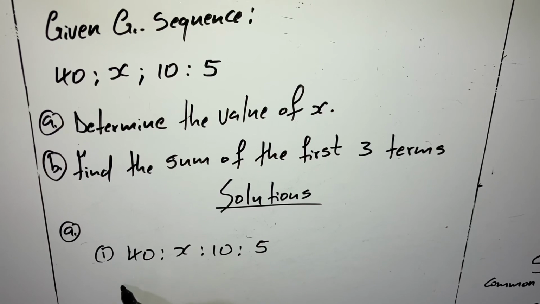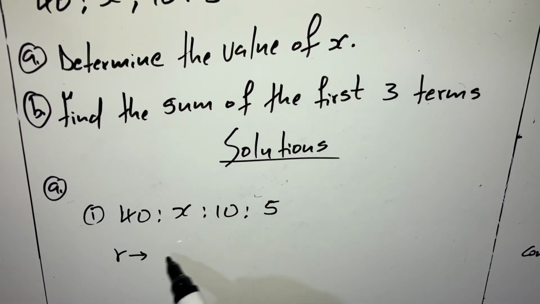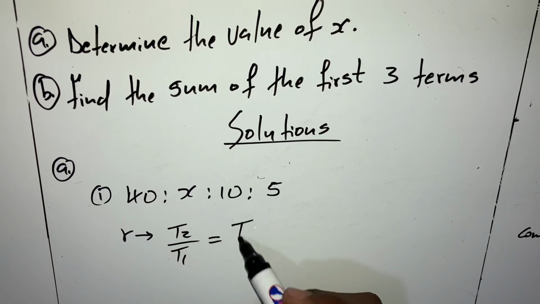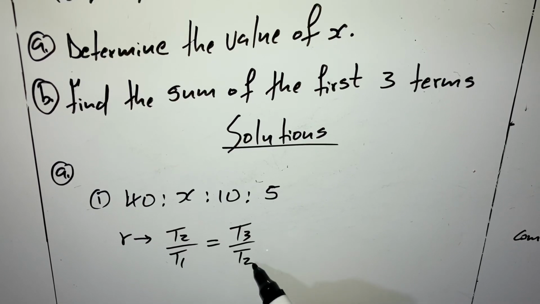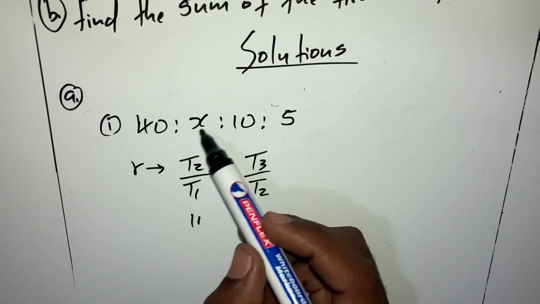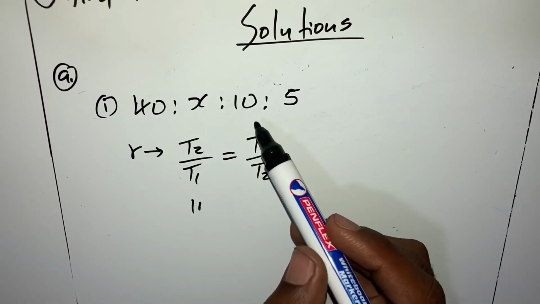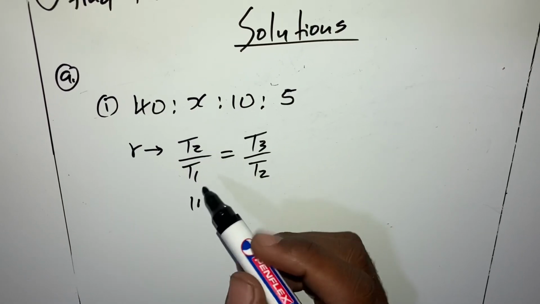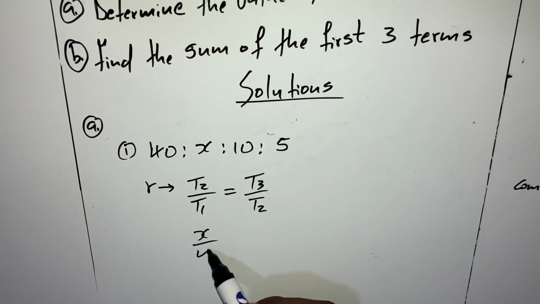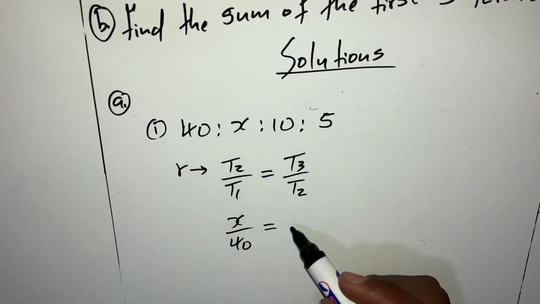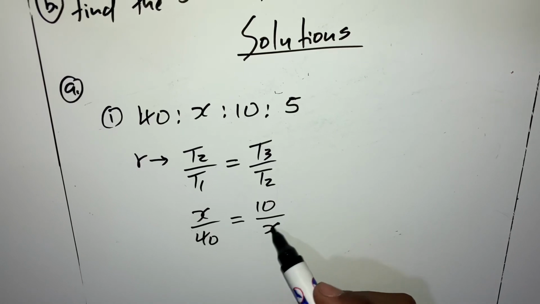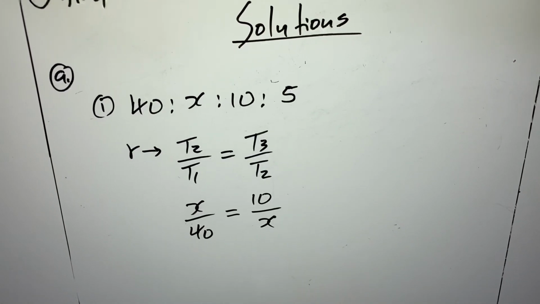Then to find my r, I go for the formula T2 over T1 equals T3 over T2. My T2 for this geometric sequence is the unknown, which is x, all over T1, which is 40. Our T3 is 10 all over x, which is our T2.